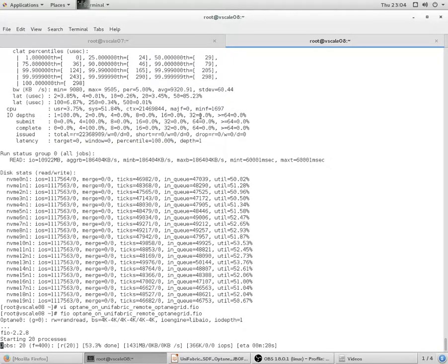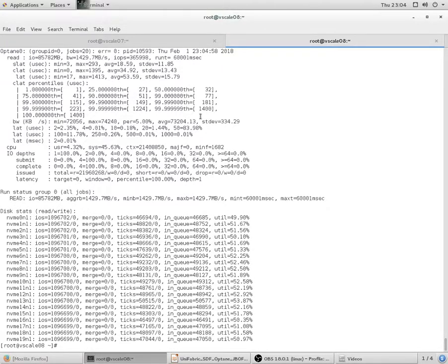But still some improvements, because of the bigger block size, of course. Yeah, we have some more latency now, but still not something you would say is very bad.